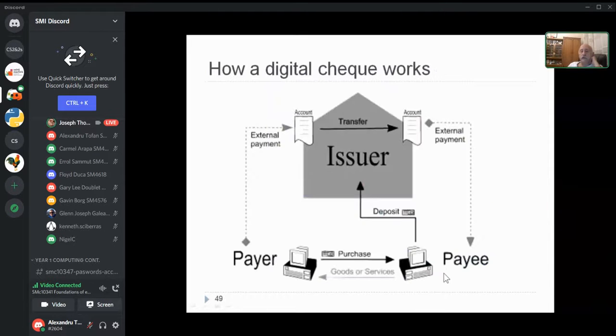And this is the way it works. So you have a payer and the payee. The payee has sent goods or services to the payer, and the payer sends a digital check to the payee. The payee deposits it with his bank, and then the banks themselves will communicate to transfer money from the payer's account to the payee's account.